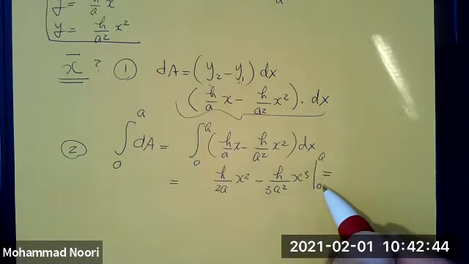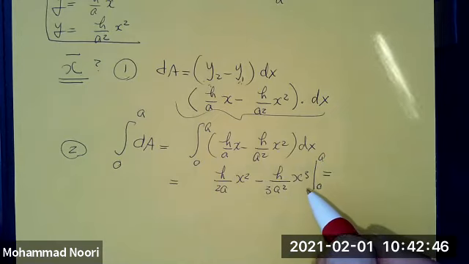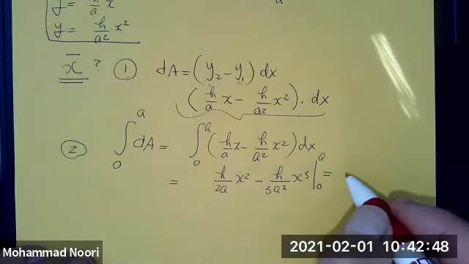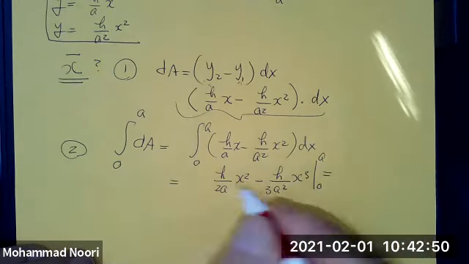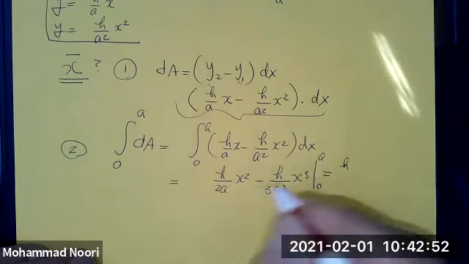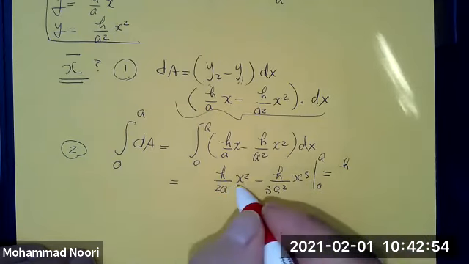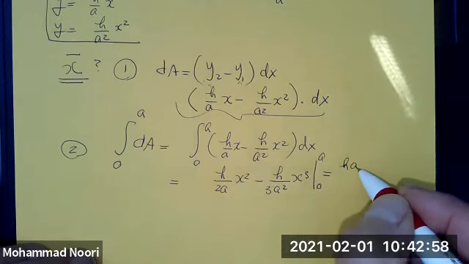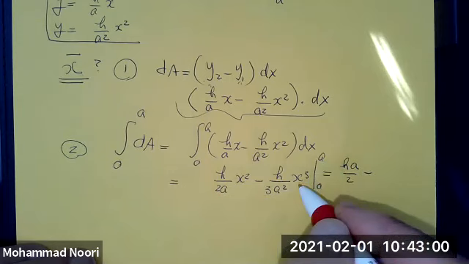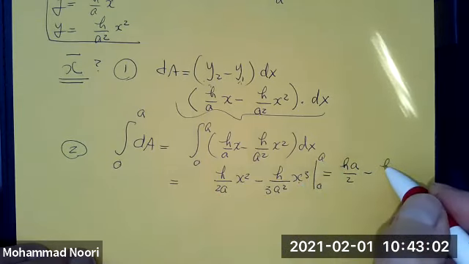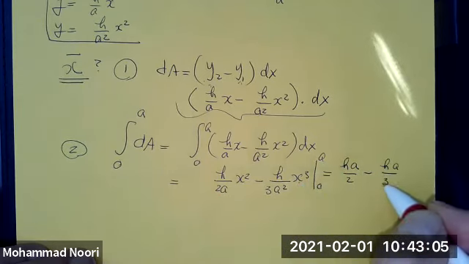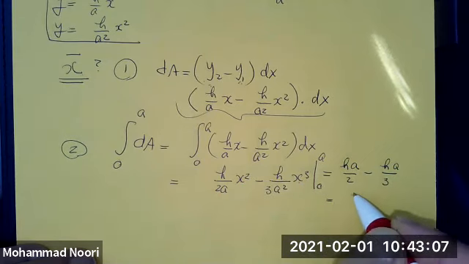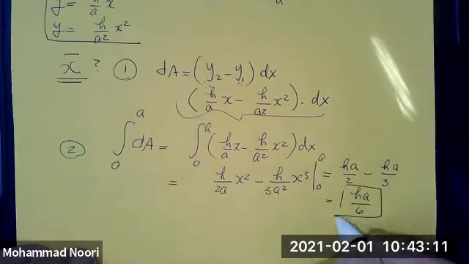And if you evaluate this, you substitute for this, so it would be h a over 2 minus, substituting for this, h a over 3. So that would give you h a over 6.